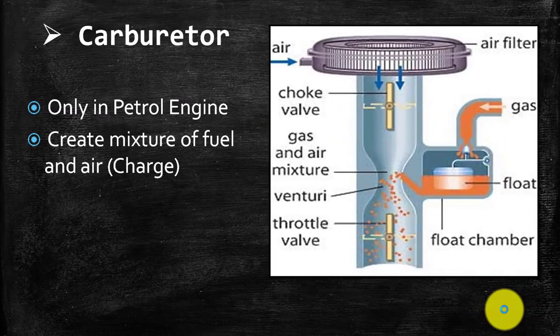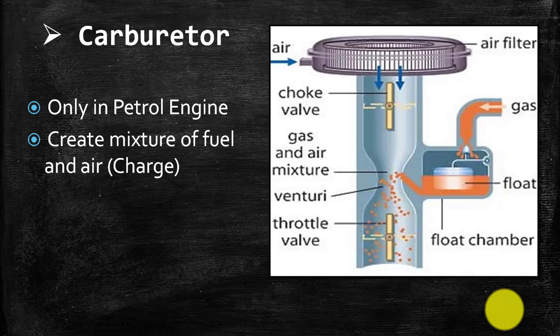The next important component is the carburetor. Now carburetor, we can say that it is only utilized in petrol engines, and nowadays it has become obsolete in modern cars, just because we have the modern fuel supply system, which we call the MPFI system.